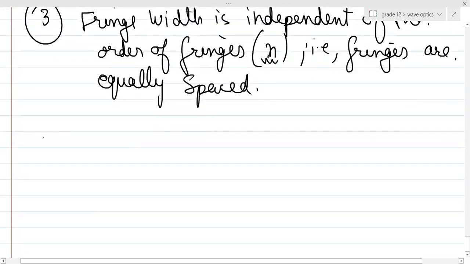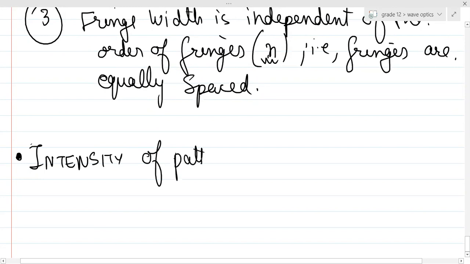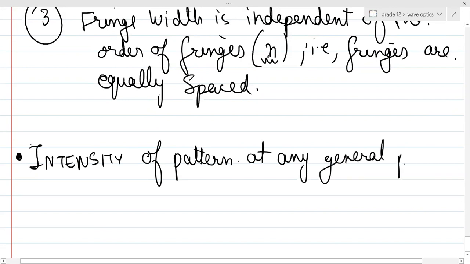If someone says find out the intensity in Young's double slit experiment, if someone tells you to find the intensity of the pattern or the fringe at any general point y, step one is to calculate the path difference.